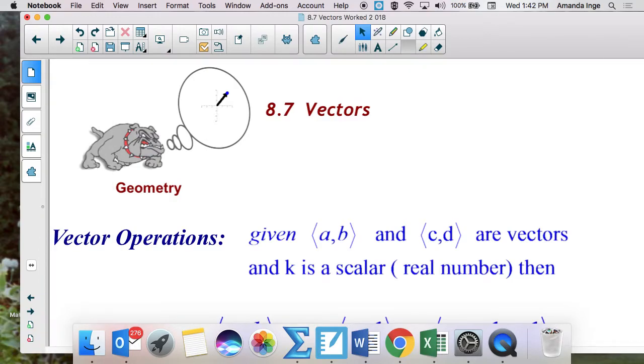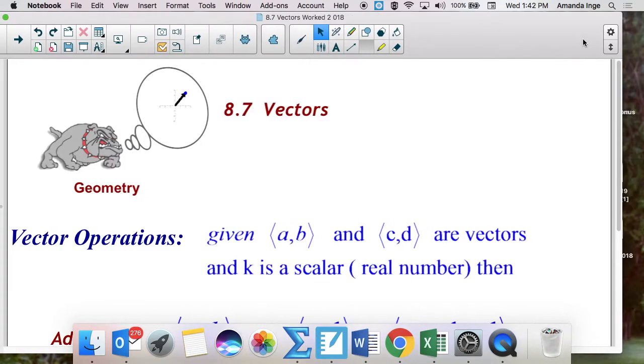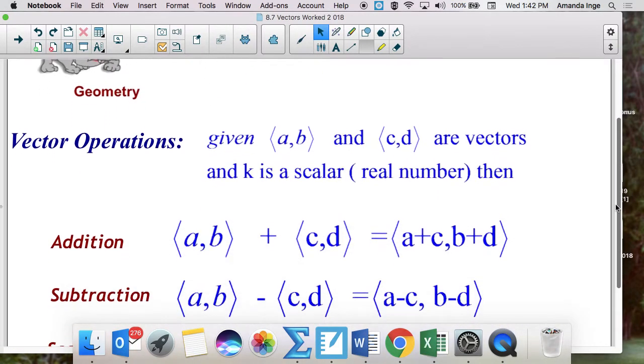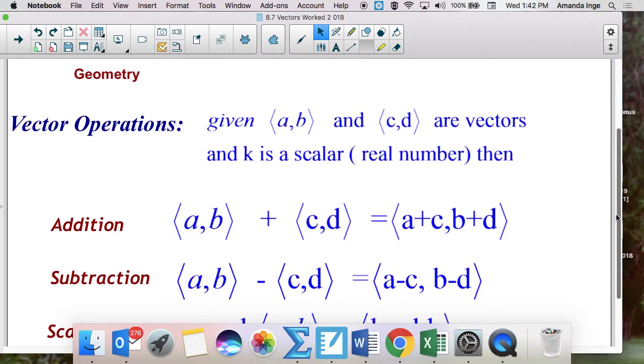Next, I want to talk about operations of vectors. As long as your vectors are in component form, you can add or subtract them or do what we call scalar multiplication.